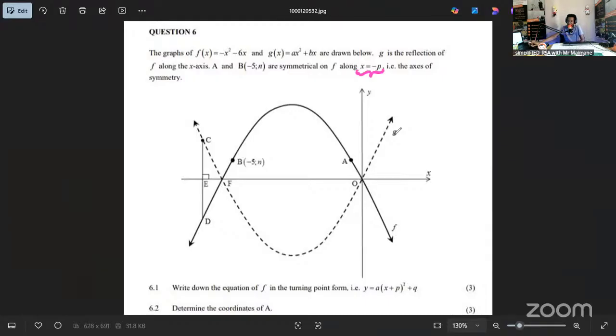Where can we construct it, since A and B are symmetrical about that axis?